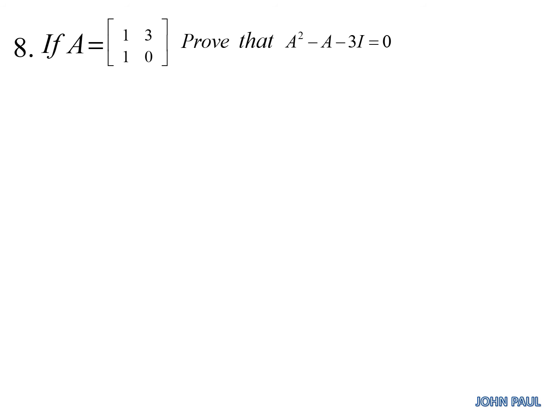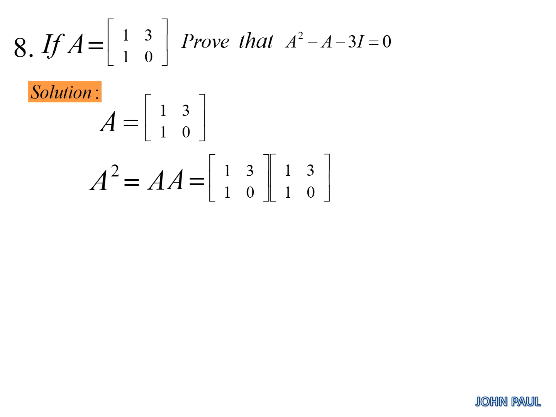Eighth problem: if matrix A is given, prove that A square minus A minus 3I equals 0. Solution: given matrix A, find A square. A into A, we'll multiply, taking the first row and multiplying the first column.